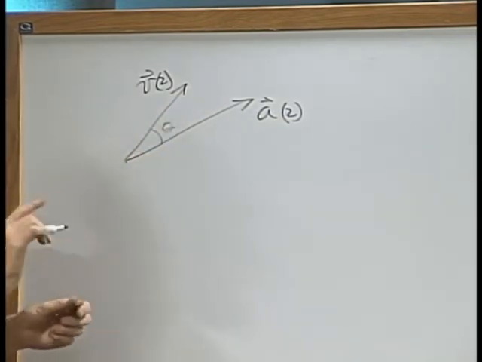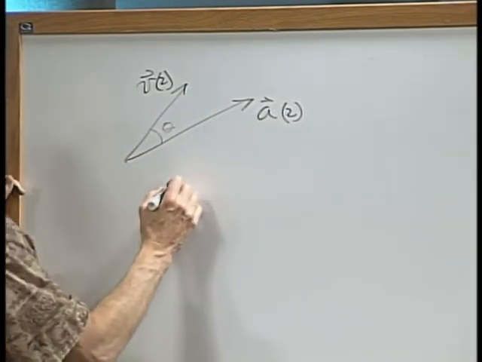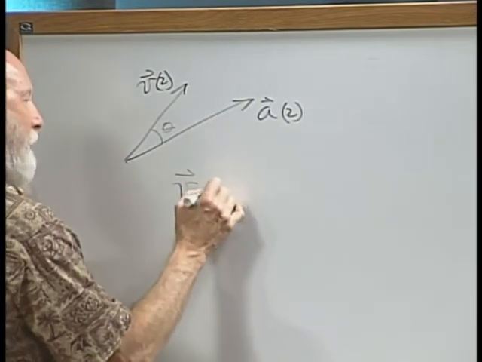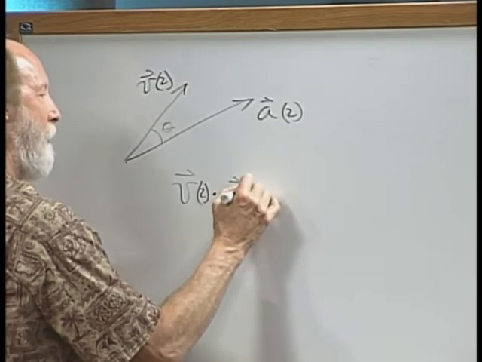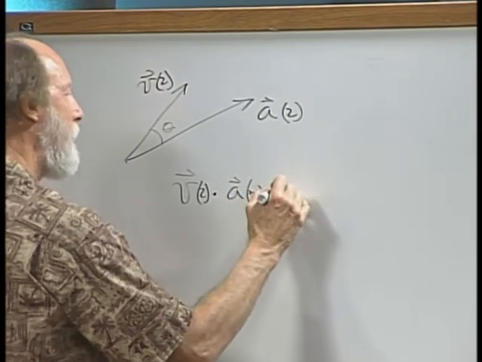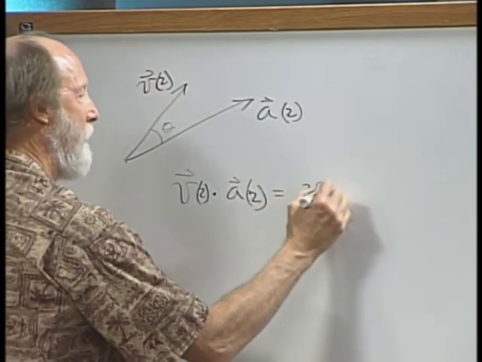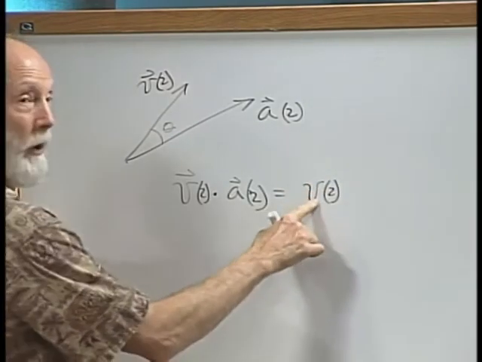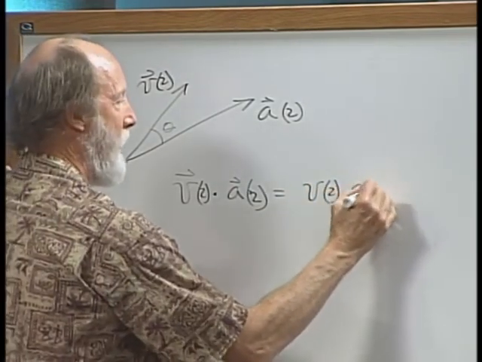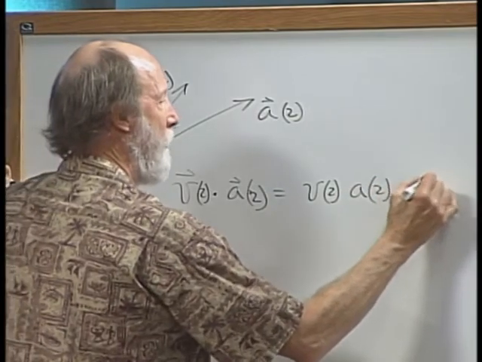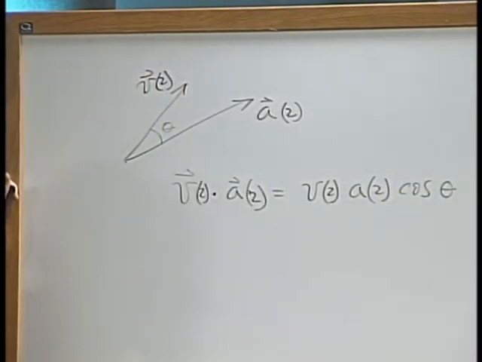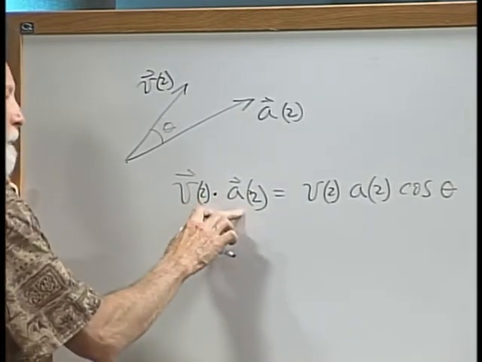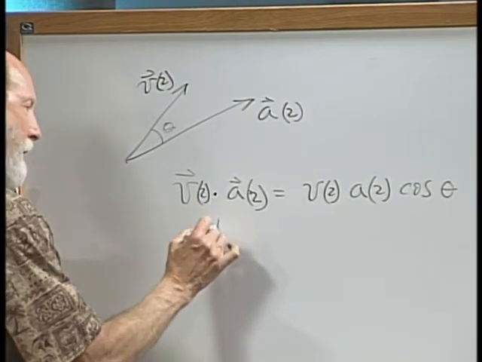And so what you've learned from your vector calculus experience is that the dot product of two vectors, v at 2 dotted with the acceleration at 2 seconds, is equal to the magnitude of each vector, notice no arrowhead, the product of the magnitudes times the cosine of the angle that exists between the two vectors. So we can do the dot product, and remember what the dot product is.